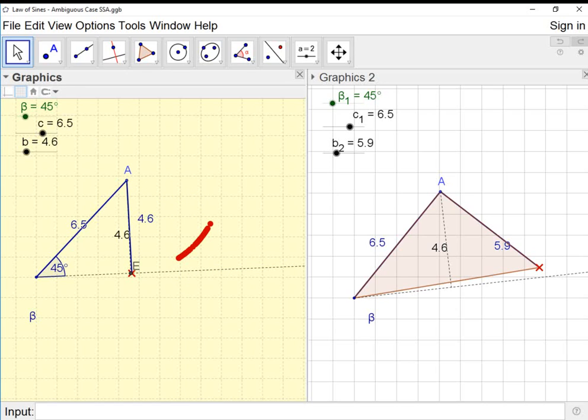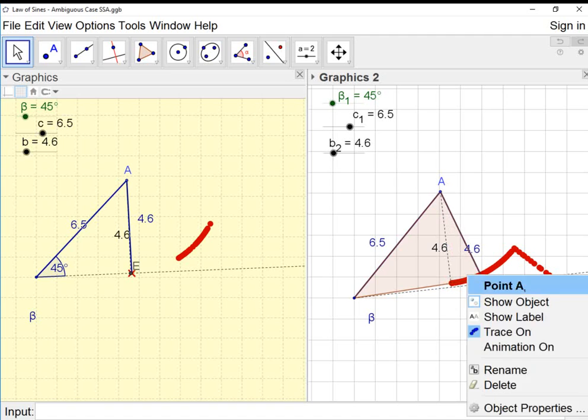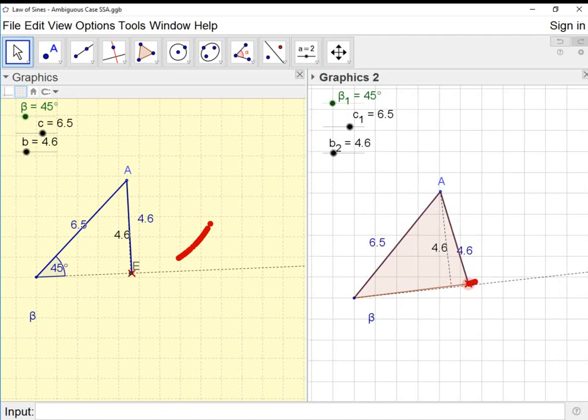That's going to be a right triangle. And if this is 4.6 over here, we now get this triangle to be a right triangle and that to be a right triangle. Does that make sense? So if it's a right triangle, would you agree that they are congruent now?